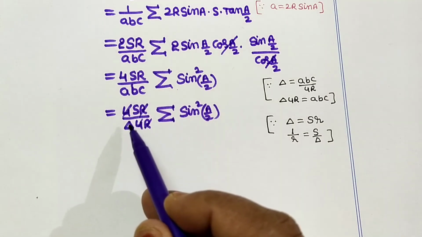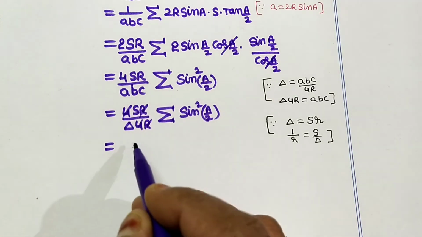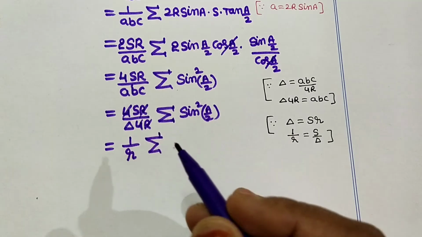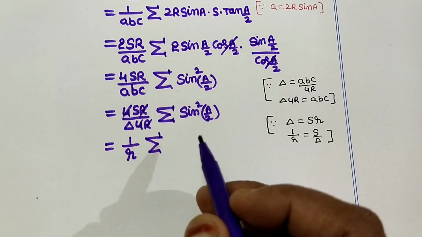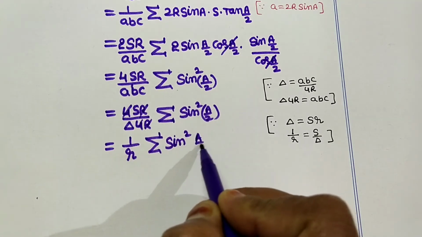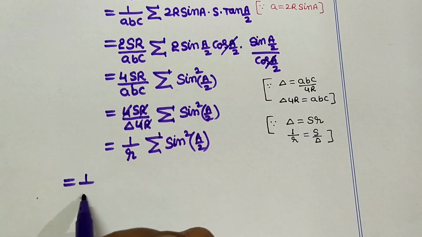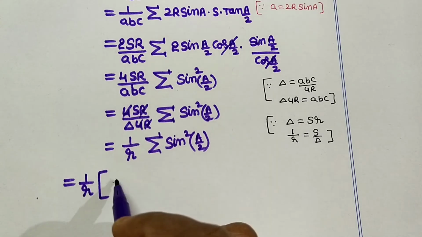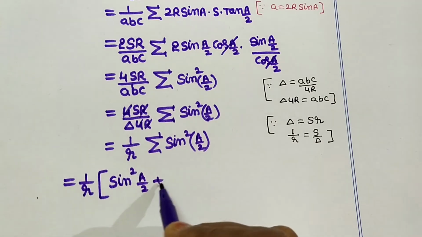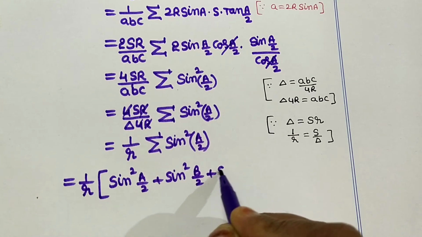In place of S by delta you have to replace with 1 by R. So which is equal to 1 by R sigma sin square A by 2. If you remove that sigma, it becomes 1 by R, keep bracket, sin square A by 2 plus sin square B by 2 plus sin square C by 2.